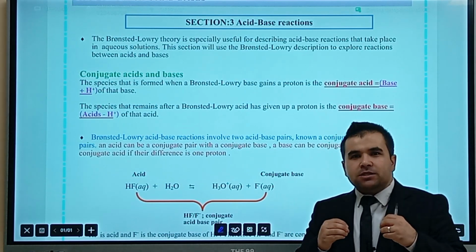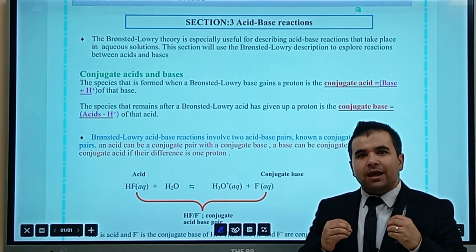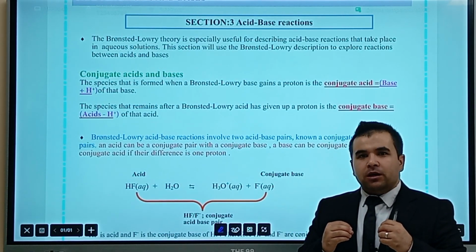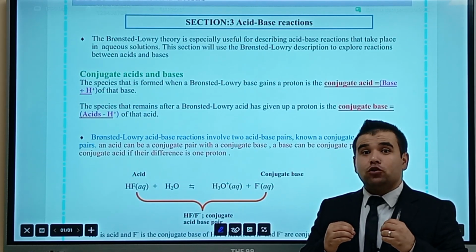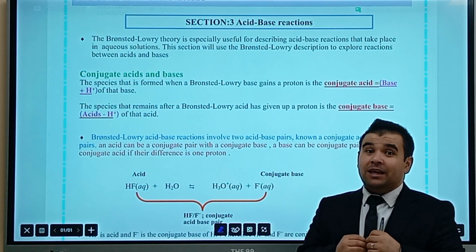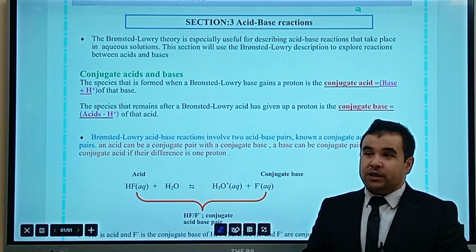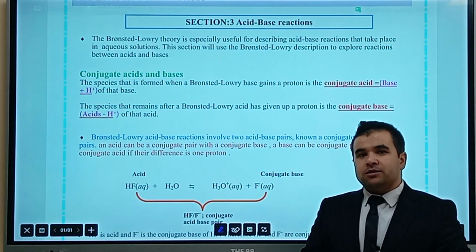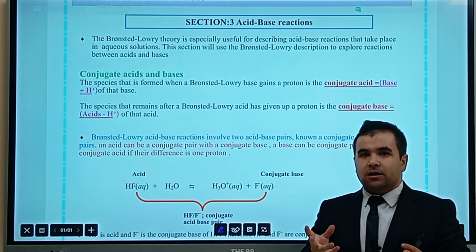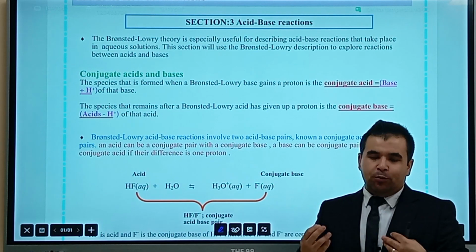But guys, in this section, we specify the topic based on the Bronsted-Lowry definitions, because the term conjugates refers to the product side and can be the reactant as well. We'll be talking about that.